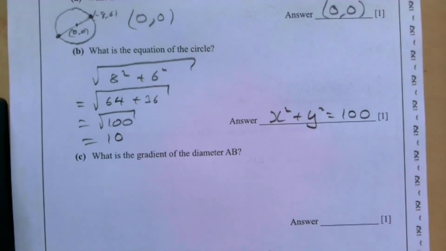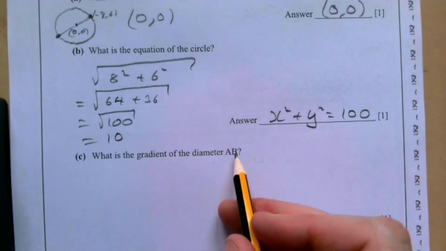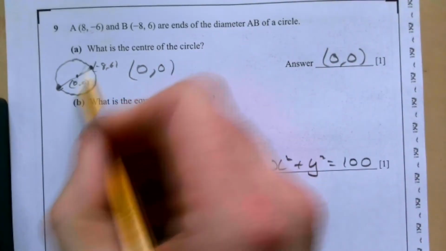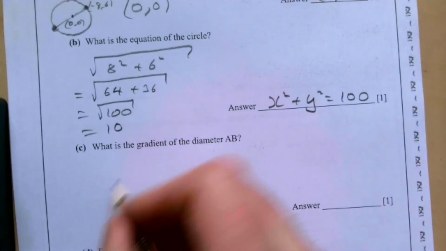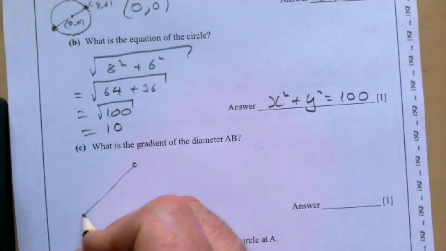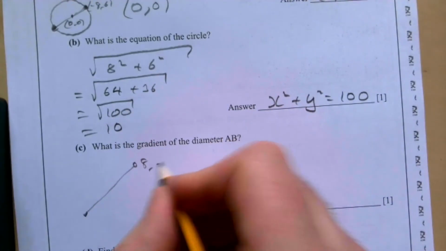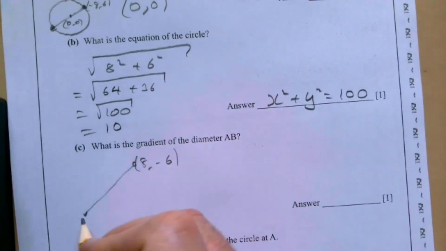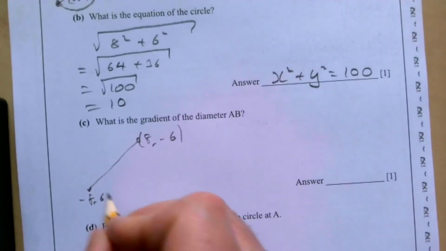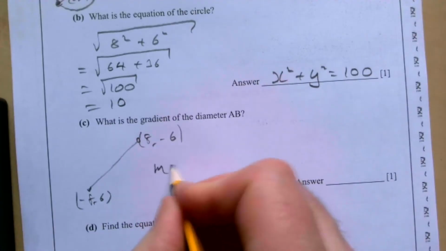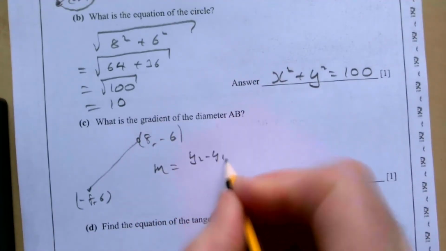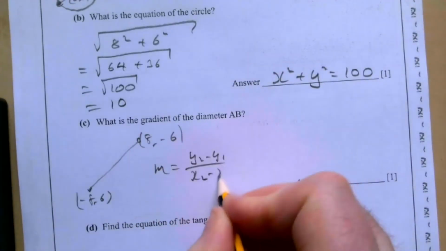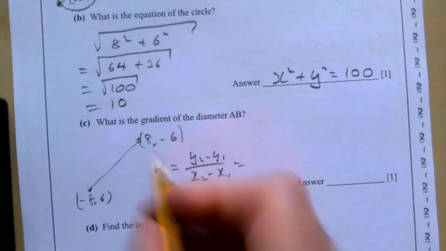What is the gradient of the diameter AB? So again, you can pick any points here. I suppose we should pick these ones here. We have (8, -6) and (-8, 6). That's not very accurate, but that's okay. And our m is y2 minus y1 all over x2 minus x1.